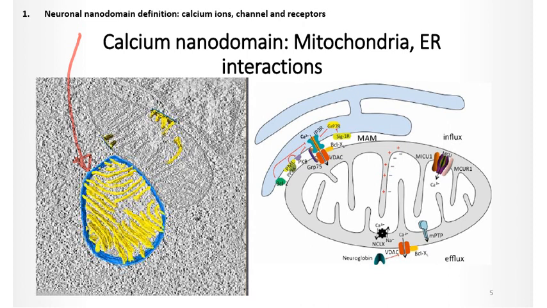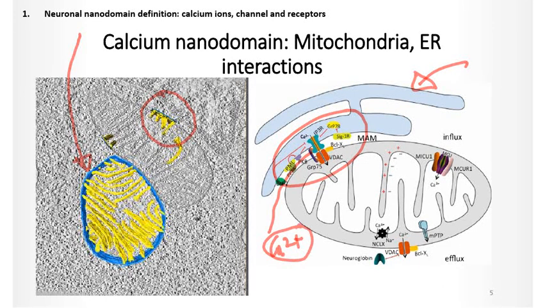If we look specifically at the interaction between the mitochondria and the ER, the endoplasmic reticulum, at this interaction of these two membranes, this MAM, we have a region where calcium can be sequestered for a sufficient amount of time so that when calcium is released from the ER and moves into this region, it can flow inside the mitochondria, which can regulate the production of ATP.